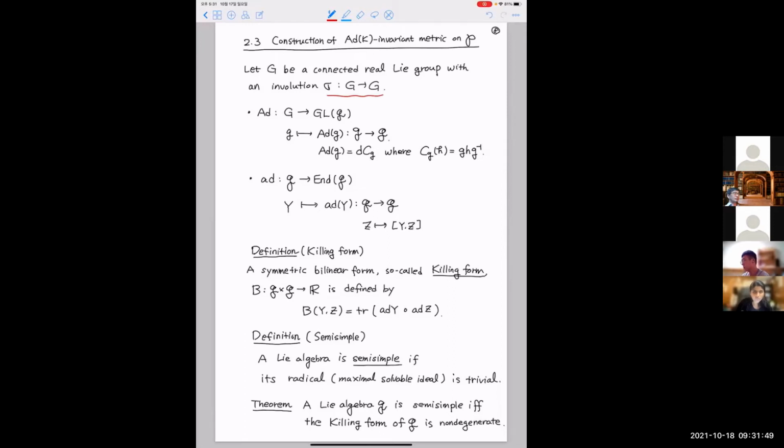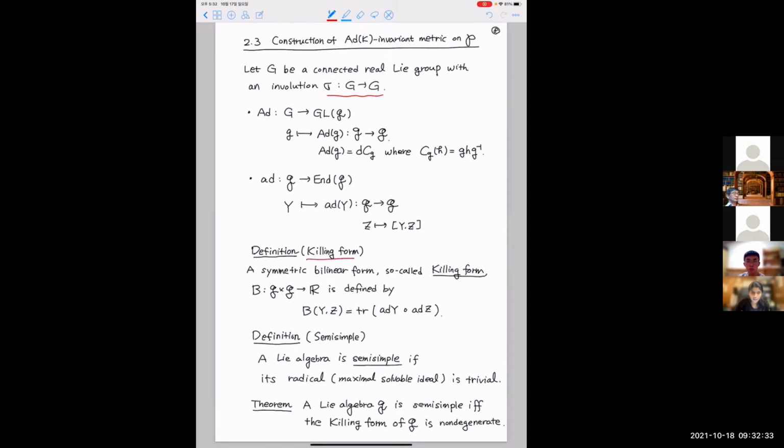So far we see that the geometric information of the symmetric space gives some algebraic data. Here in this section, we will see the converse: from the real algebraic data, we will construct some geometric data. Okay, so then we can define a Killing form.